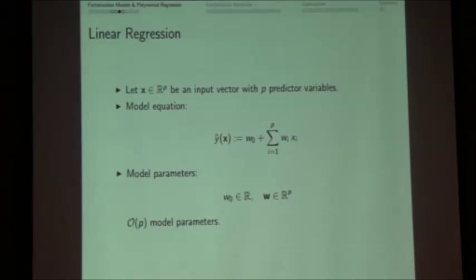So for every variable that you put in, you estimate a parameter, how much this variable has an influence on the output. So it's a linear model as well. It's called linear regression. And what you do is you basically have to estimate p many variables.